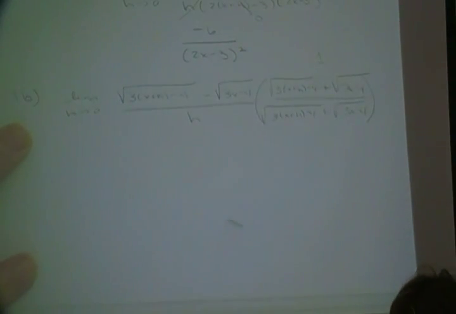And so what I end up with then is the limit as h goes to 0 of, when I multiply the radicals together, I end up with what's underneath. So I'm going to get 3 times x plus h, minus 4, minus 3x minus 4, all over h, and then the conjugate, the square root of 3x plus h minus 4 plus the square root of 3x minus 4.